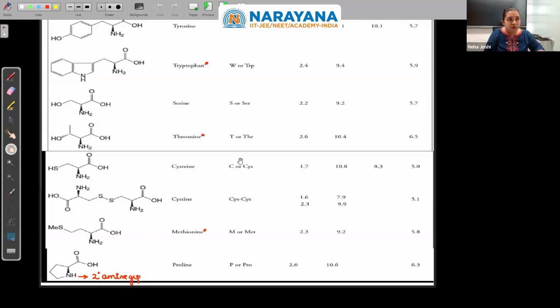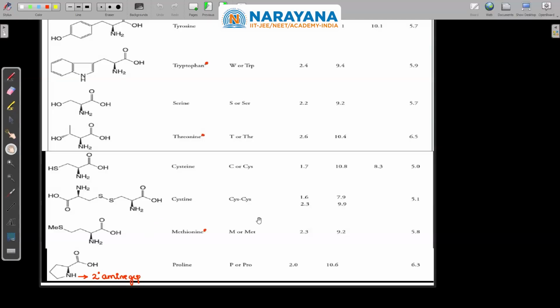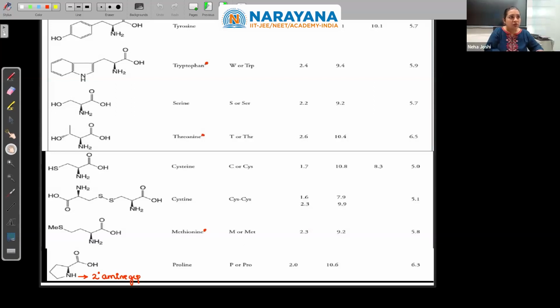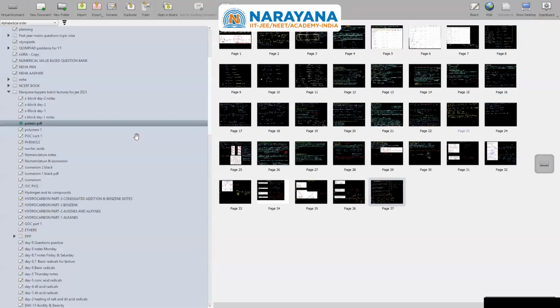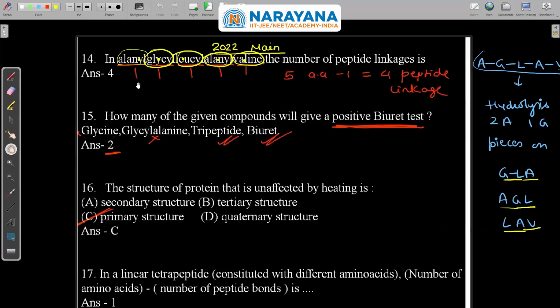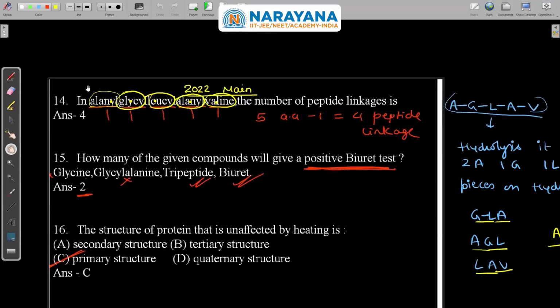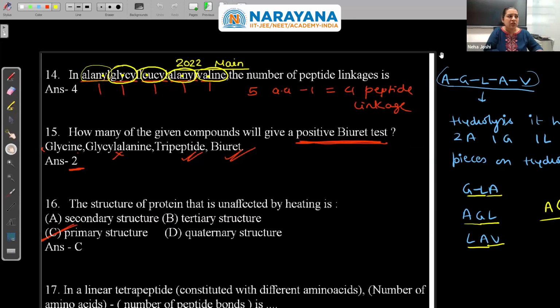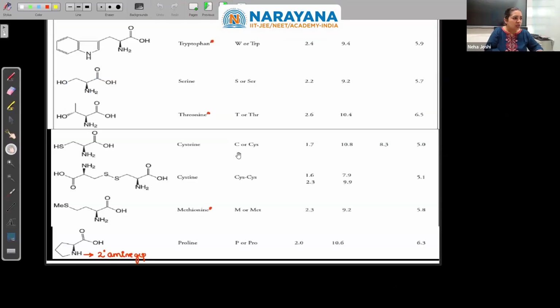Shrey? Ma'am, in previous year questions, how do they mention the names of the amino acids? Do they just write glycine, or GLY, or single letters? They can write either way, these representations will be used.